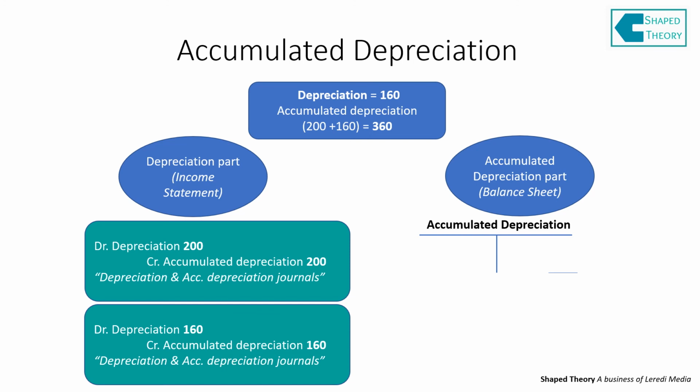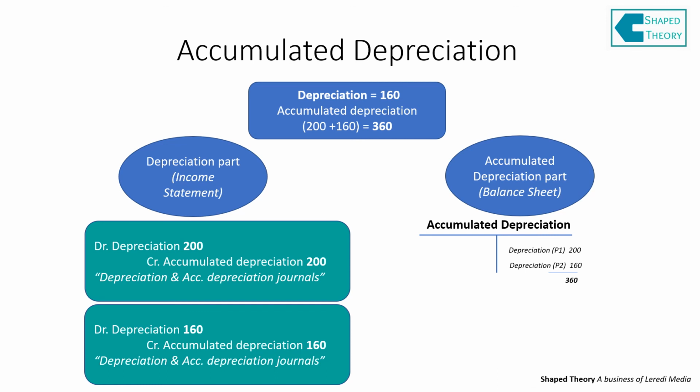As mentioned in the journals on the left, you will see that the accumulated depreciation account has an amount of 200 for period 1 and an amount of 160 for the second period, which brings us to the total accumulated depreciation amount of 360 at the end of period 2 or year 2.